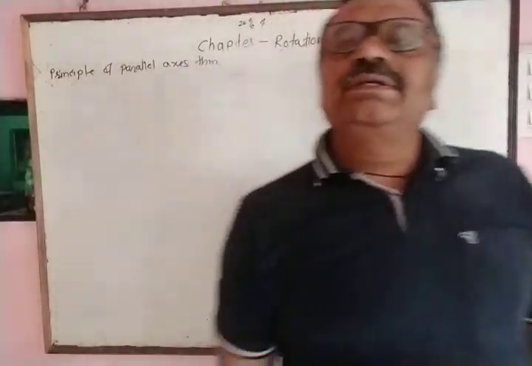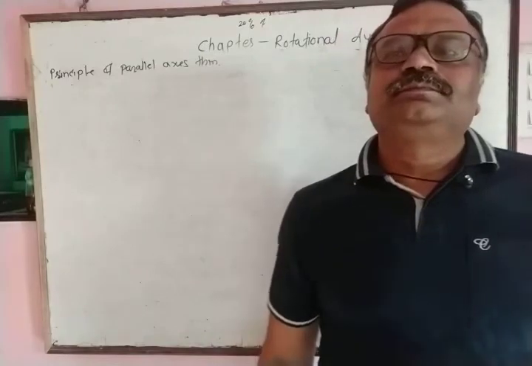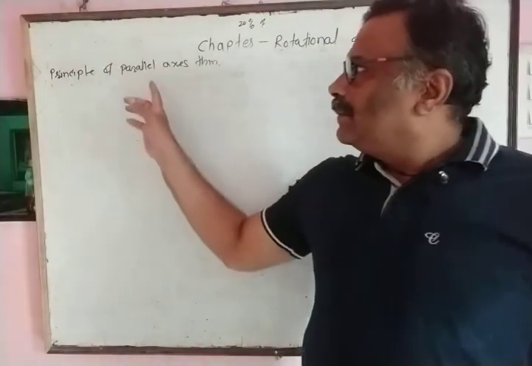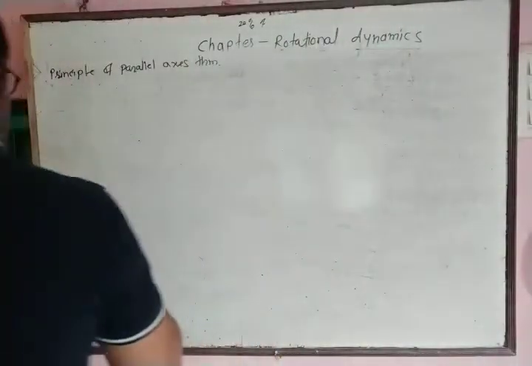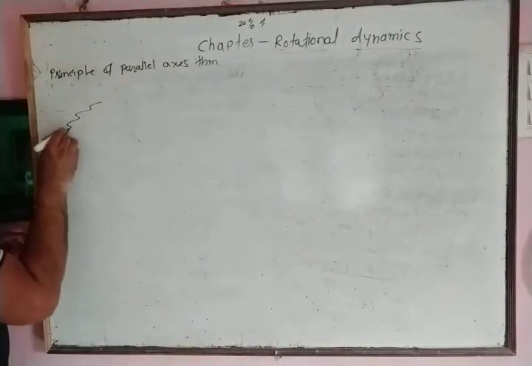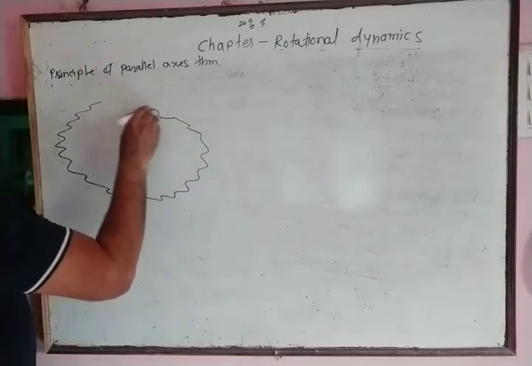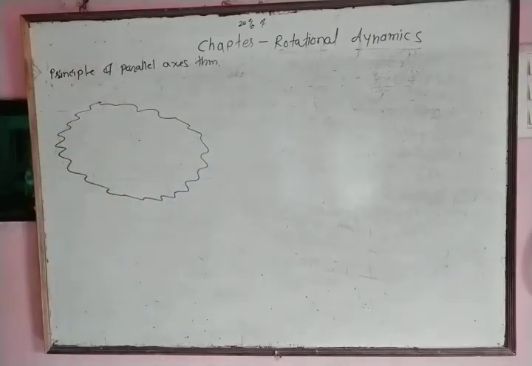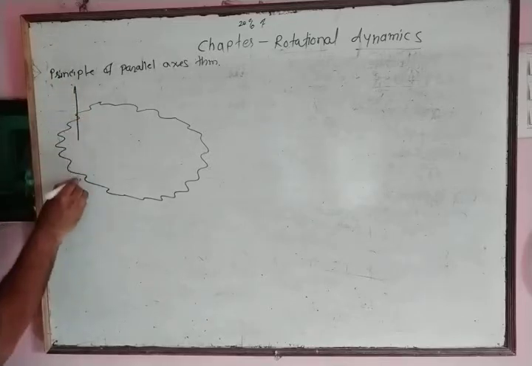Now we discuss principle of parallel axis theorem. Now consider rigid body. This is rigid body of any shape, and let us consider this body is performing rotational motion about an axis passing through any point.